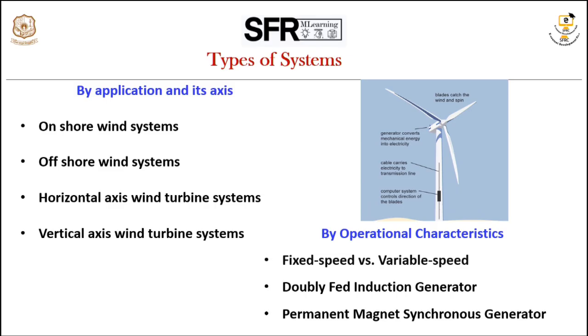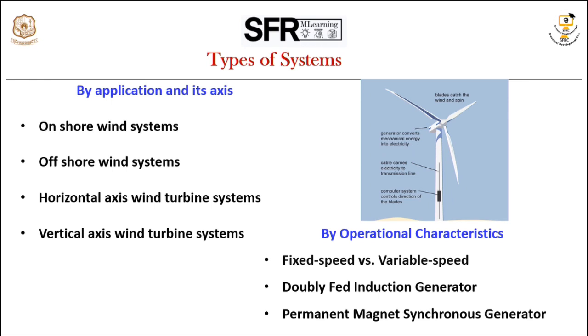In this image you can see the horizontal axis wind turbines, which is named as HAWT, the most common modern type, characterized by 2 or 3 blades. It rotates on a horizontal shaft, typically operating in upwind configurations, not in lower wind.